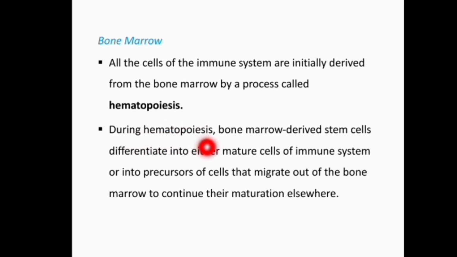During hematopoiesis, bone marrow derived stem cells differentiate into either mature cells of the immune system or into precursors of cells that migrate out of the bone marrow to continue their maturation elsewhere.